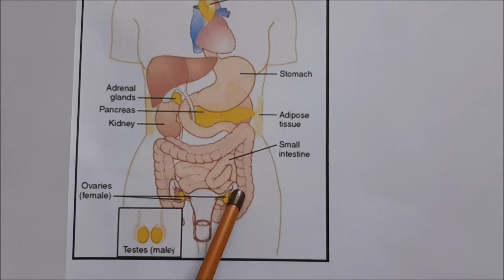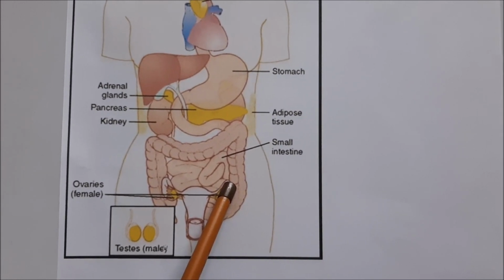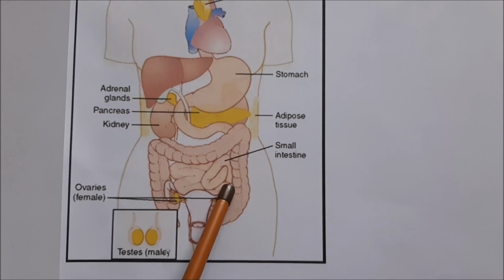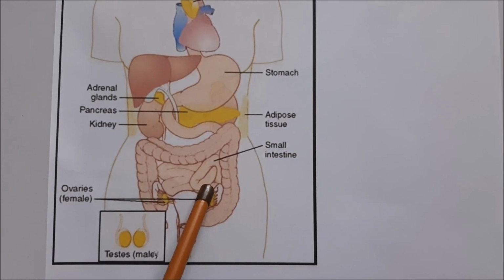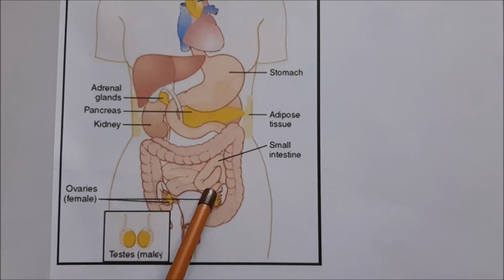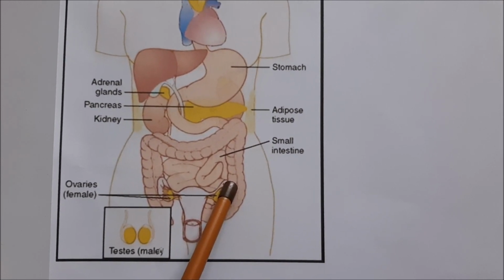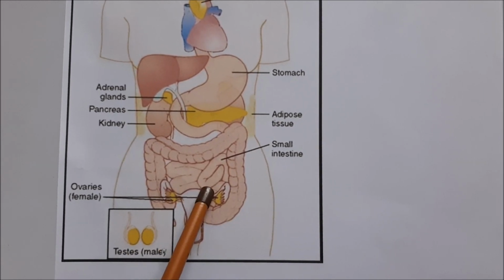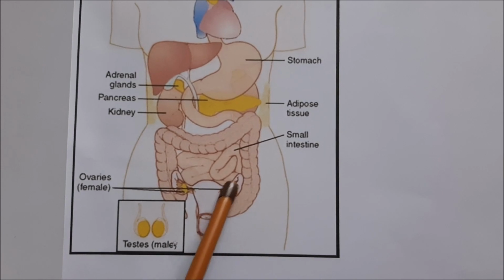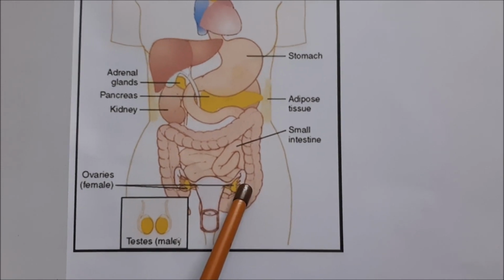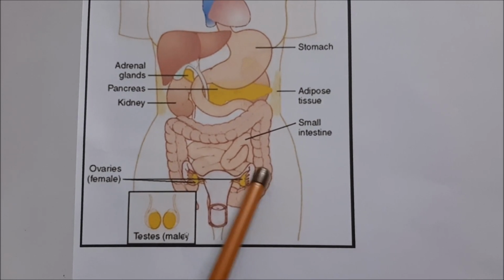Chemically they are steroids. Estrogen helps in the growth of the female reproductive organs and the development of the breast, and it also helps the secondary sexual characteristics of females. Progesterone helps in the uterine milk, and it also maintains the corpus luteum.